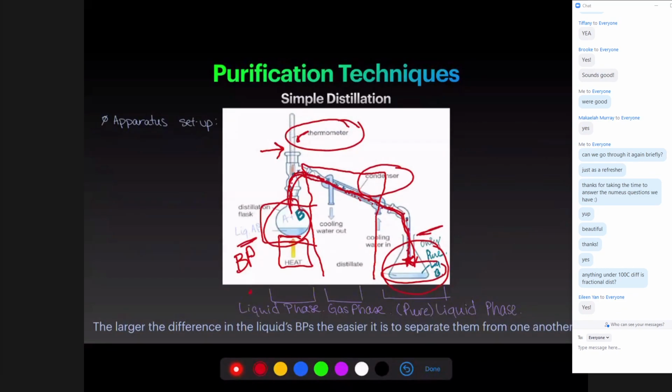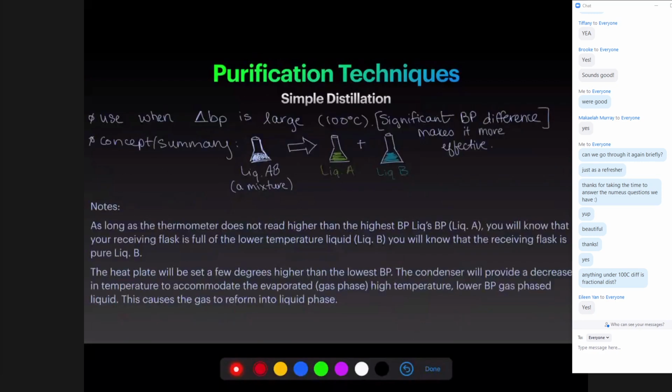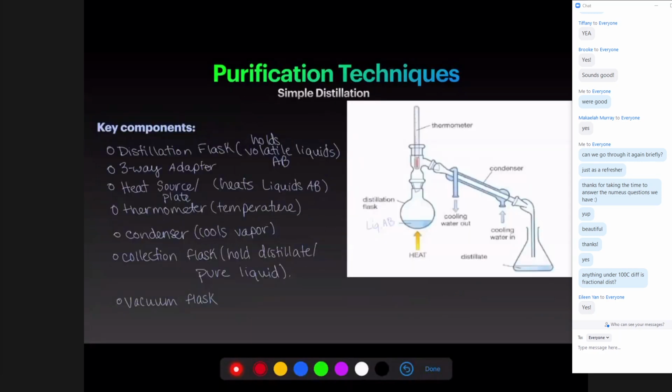Okay, good. So, key components of simple distillation one more time. Your distillation flask holds the volatile liquids A and B. So this is your mixture. You have your three-way adapter here, 1, 2, 3.